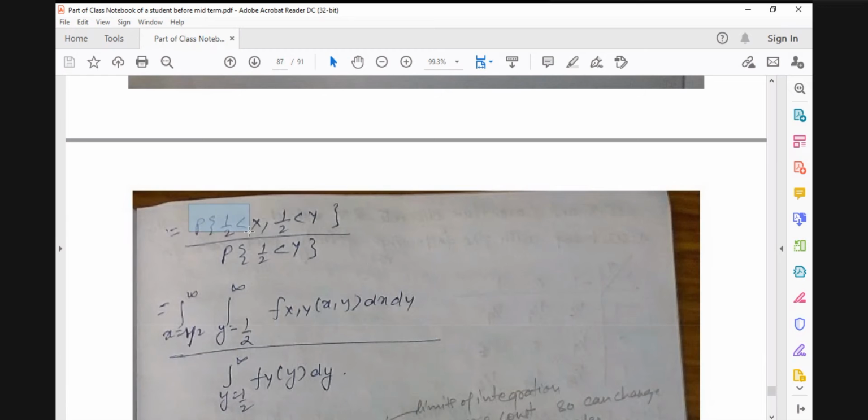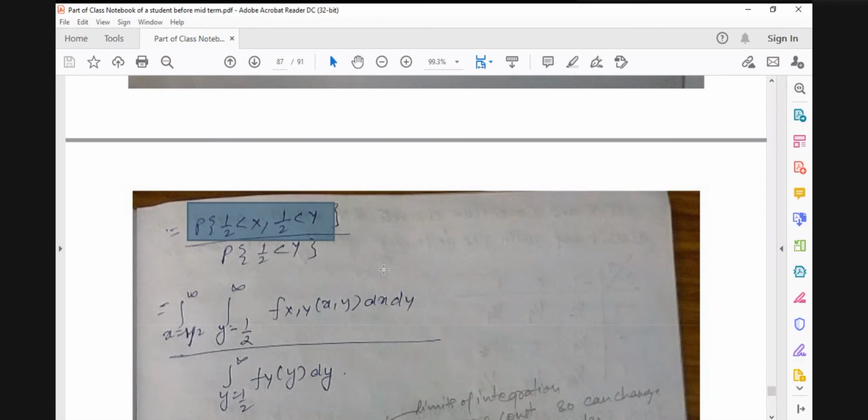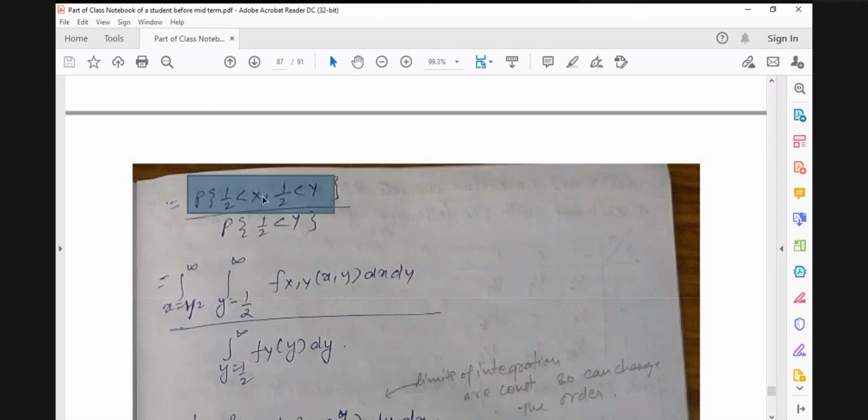So now the probability that x greater than 1 by 2 and y greater than 1 by 2, divided by the probability that, is equal to this one. So x greater than 1 by 2 means from 1 by 2 to infinity. So like 1 by 2 to infinity we are integrating, because it is x greater than 1 by 2 and y is 1 by 2 also.